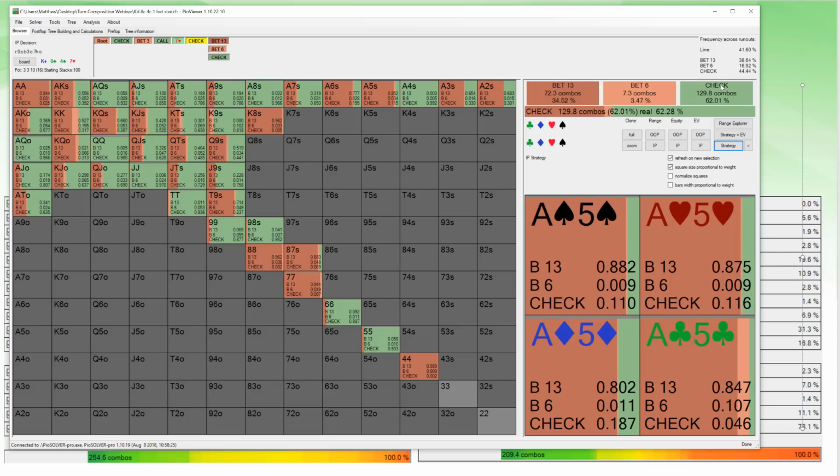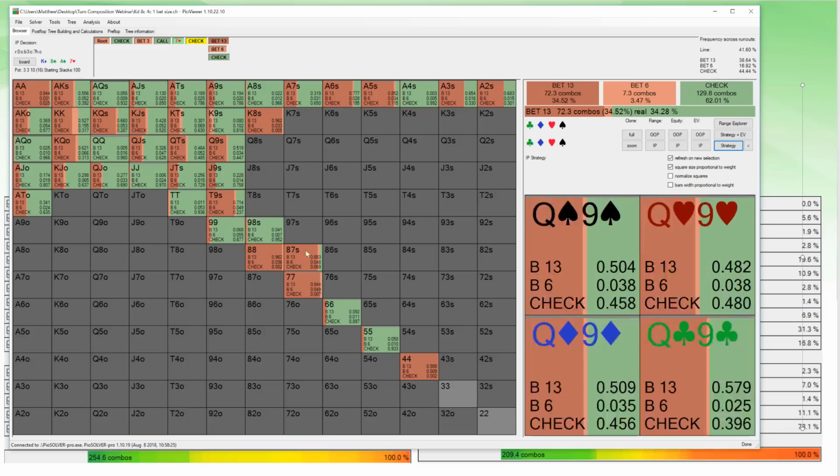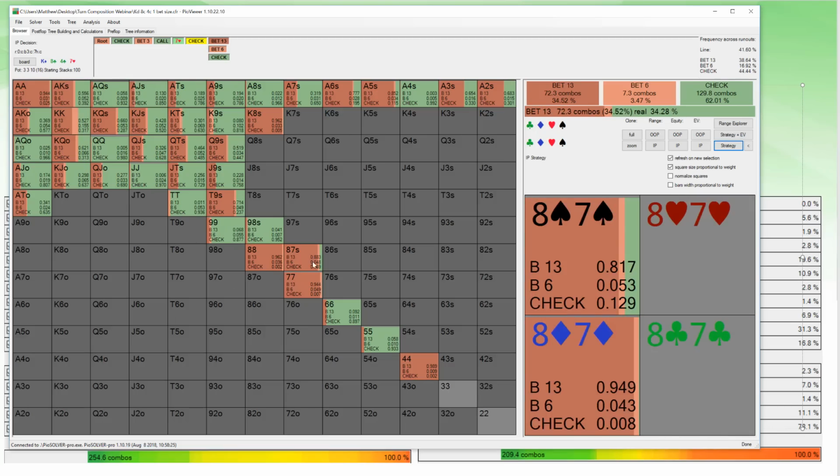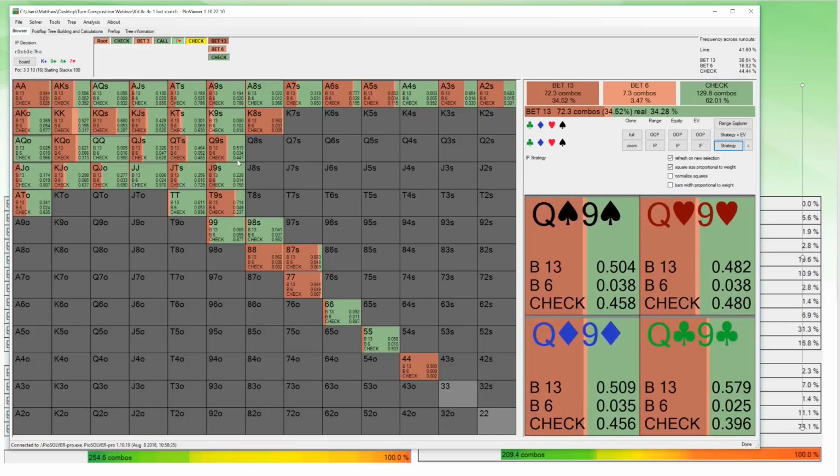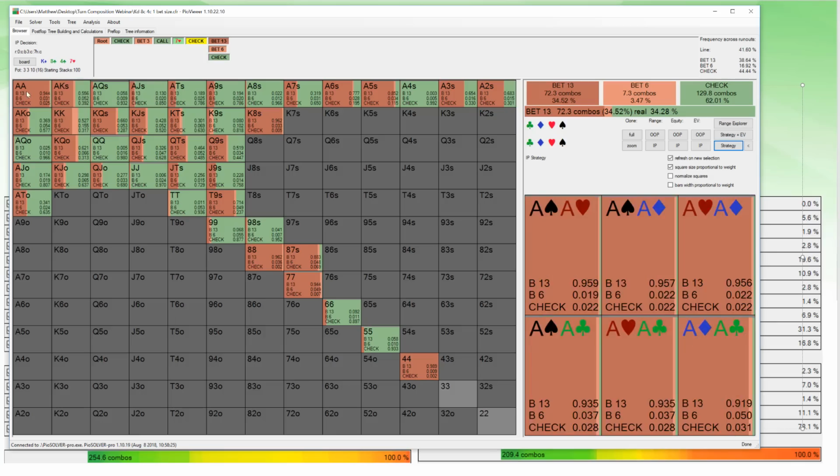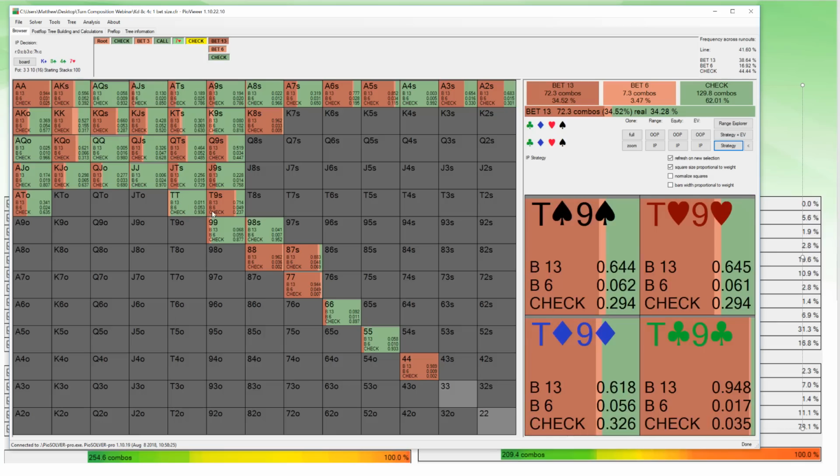So keep in mind, he's checking more than in the last example. In position had 48%, and he was checking like 50% of the time. Now he's checking 60% of the time, and always using the big sizing and polarizing. So he's betting his 2 pairs, his sets, overpairs, checking hands like queens, jacks, and 10s because those aren't part of a polarized range.